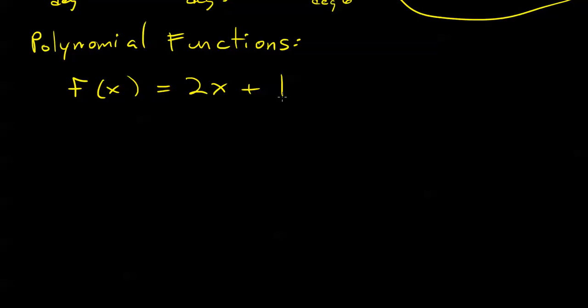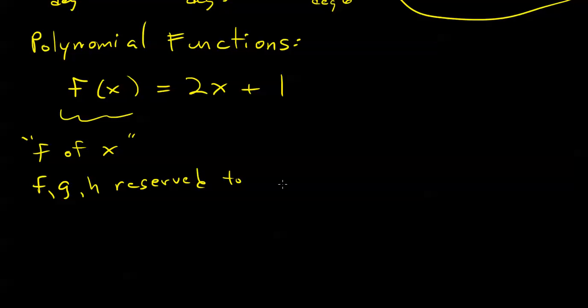Alright, so f of x, again, we read this as f of x, not a product, right? Not f times x. F of x, f is a function of x, equals the polynomial 2x plus 1. And typically we use the letters f, g, and h, reserved by convention to symbolize functions.